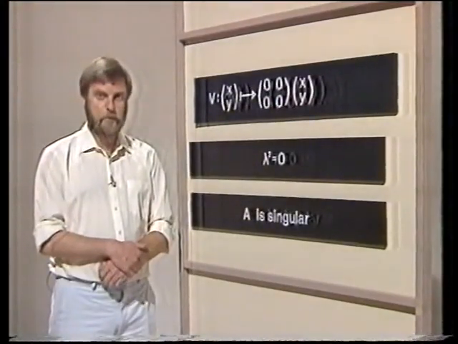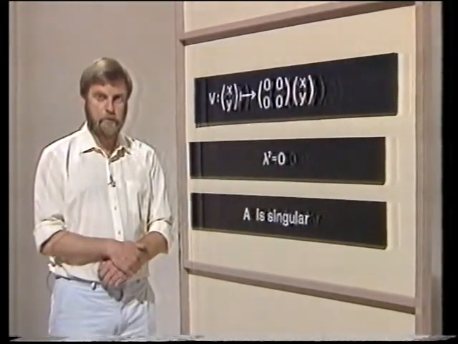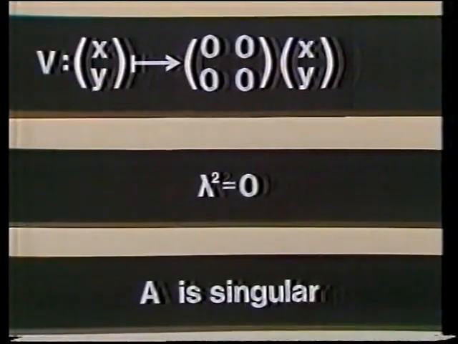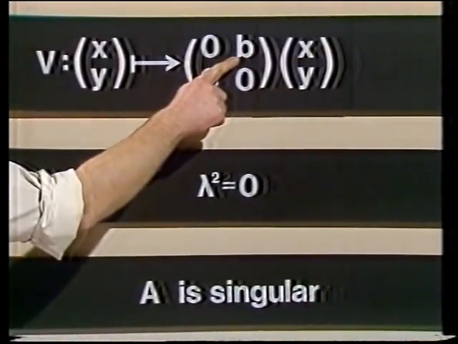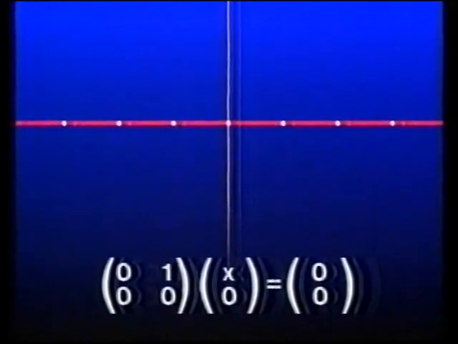The result is that nothing ever moves, and this is definitely the most boring of the linear flows. But there are other matrices for which both determinant and trace are 0. The simplest is this matrix, where there's a single entry in the top right. Taking b as 1, we get the matrix 0, 1, 0, 0. The velocity at any point on the x-axis is 0. So points there don't move, and the x-axis forms a barrier.